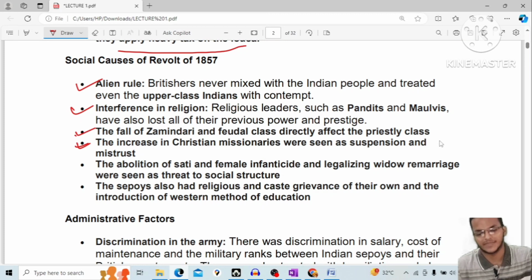So when they started abolishing the sati or female infanticide, or even made the reforms, so the Indians thought that the Britishers are trying to destroy our culture, and also legalizing the widow remarriage was not accepted by the Indian society.